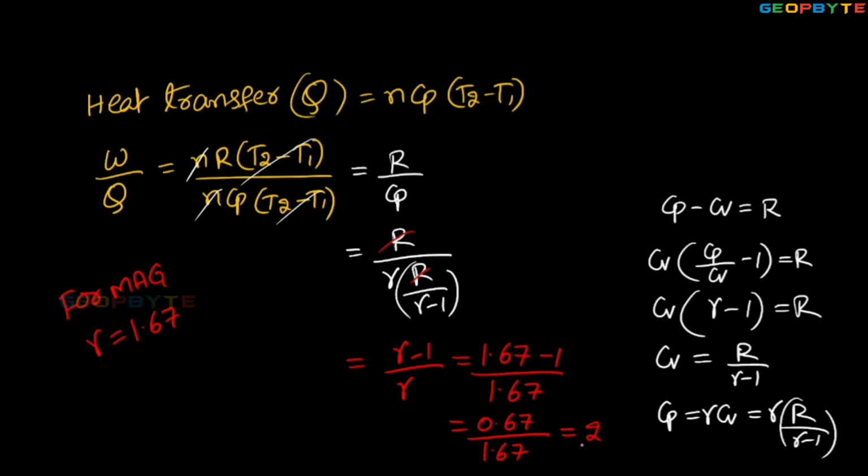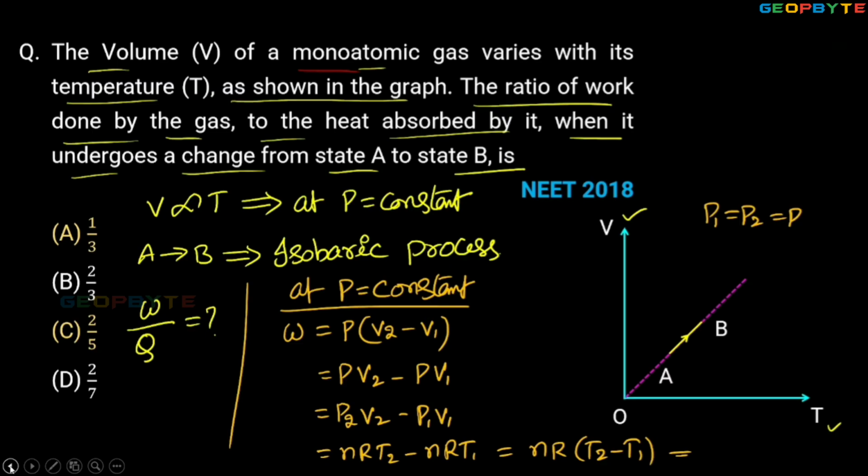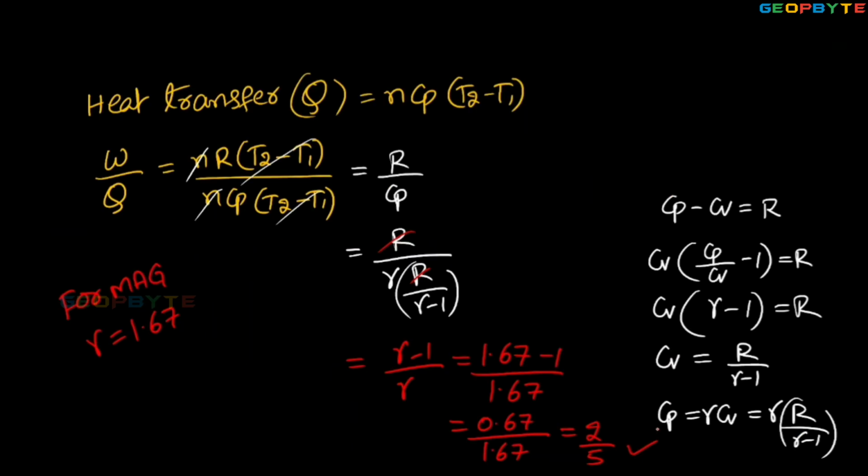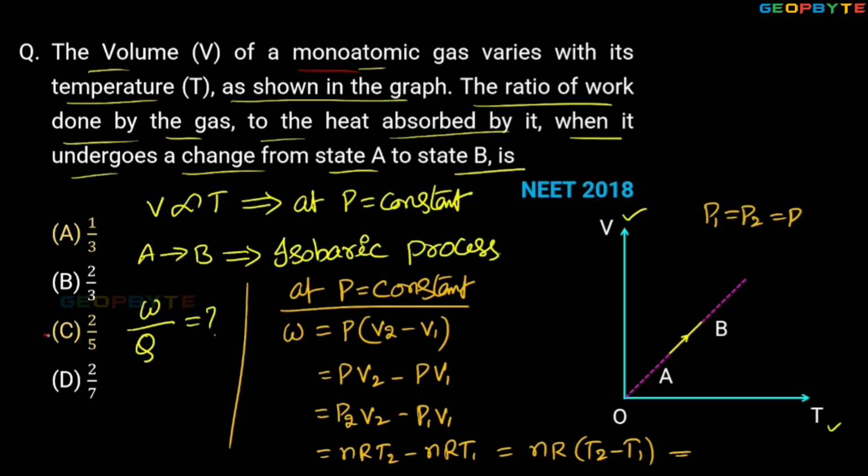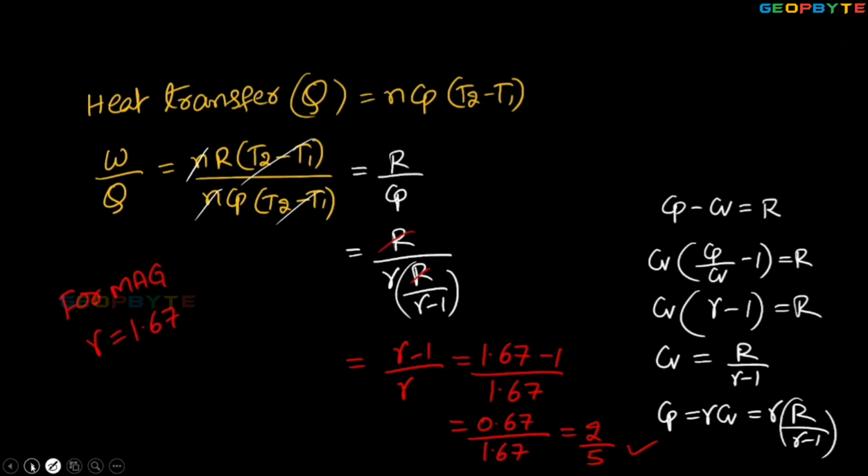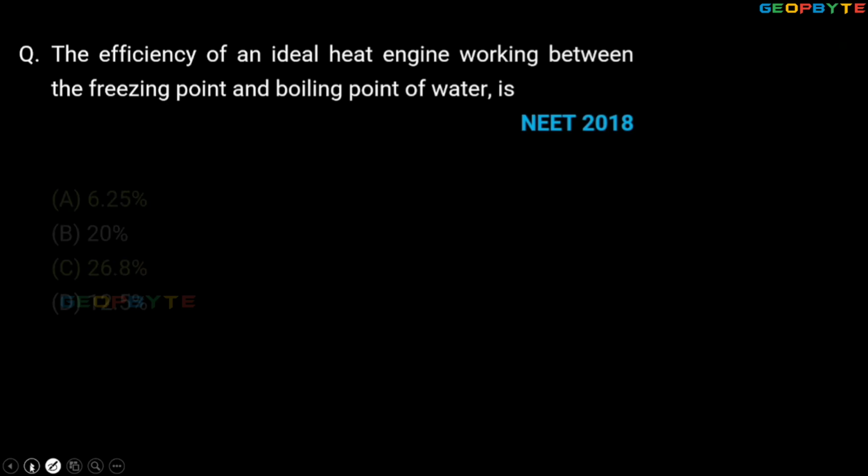It is equal to 2 by 5, approximately 0.4. Look at the options. 2 by 5. Option C is absolutely correct. Yes. Similarly, let us take another important problem.